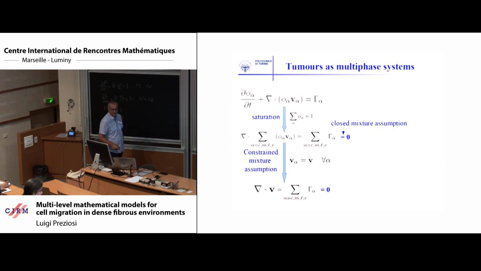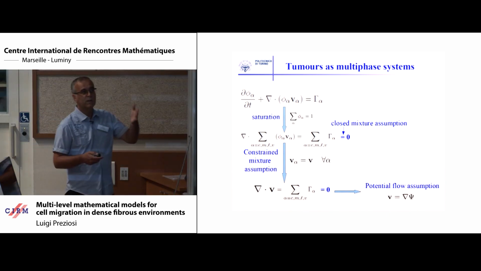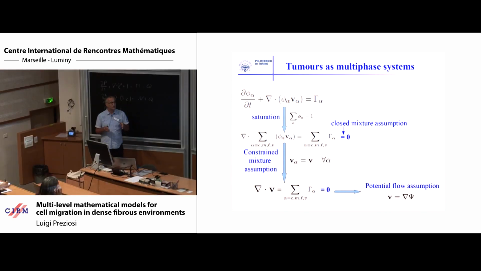It is 0 if the mixture is closed, or something else if it's not. And so you can use the potential flow assumption again. So the constrained mixture hypothesis together with the potential flow assumption gives you an equation, which I wrote before, the Laplacian of psi equal to something, which gives you the velocity field.